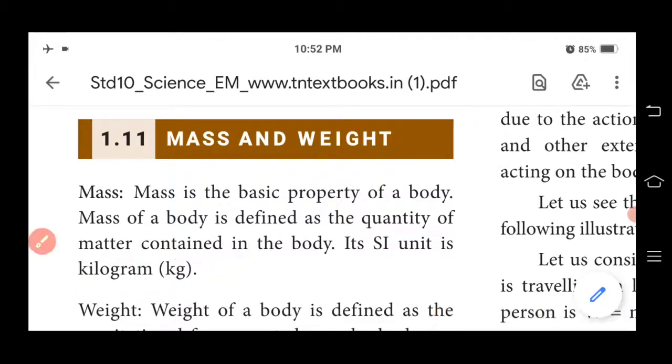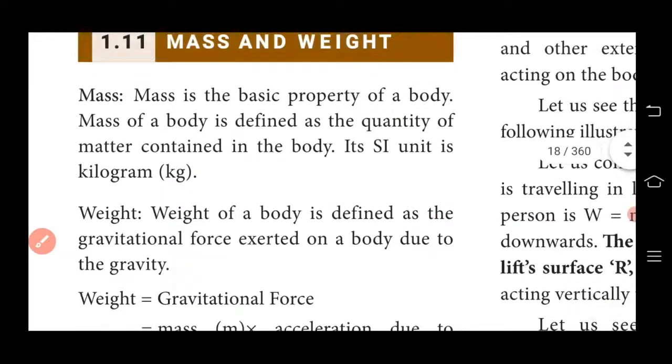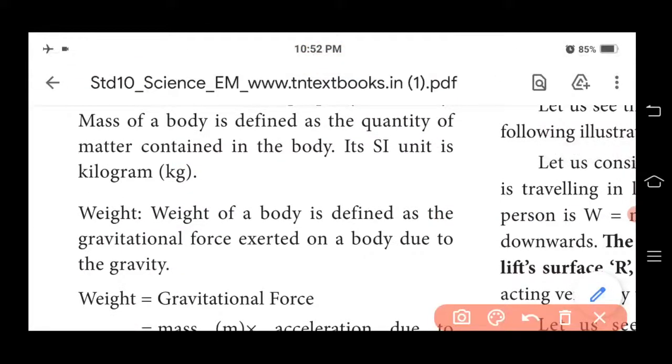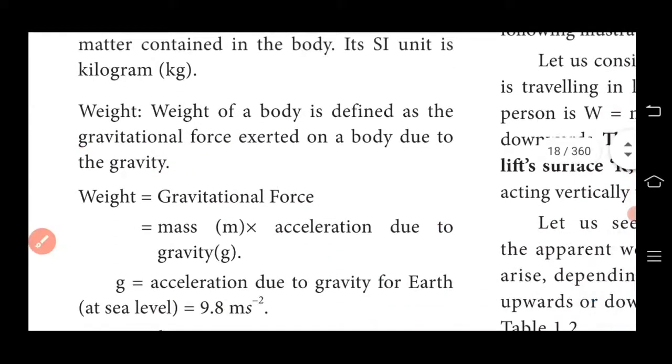And weight is defined as the gravitational force acting on a body. So W equal to M into g. M is mass and g is acceleration due to gravity.